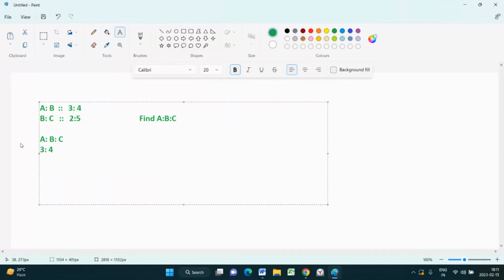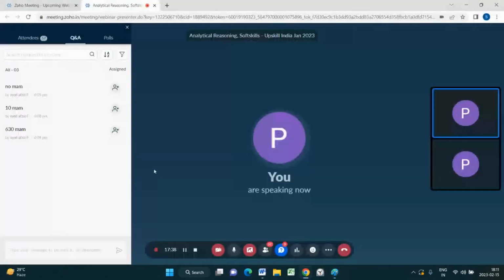Now I have B is to C is 2 is to 5. This B is 2 times this. So I have to multiply this also by another 2. This is 2 times, then this is also 2 times. Agreed? Understood?